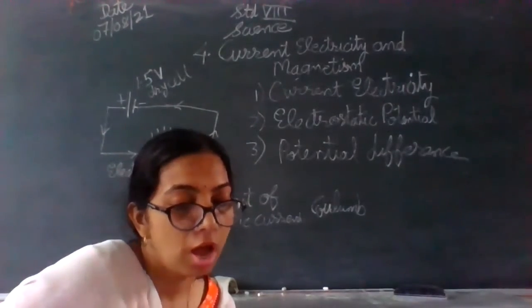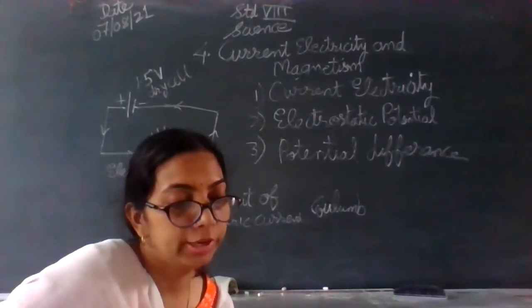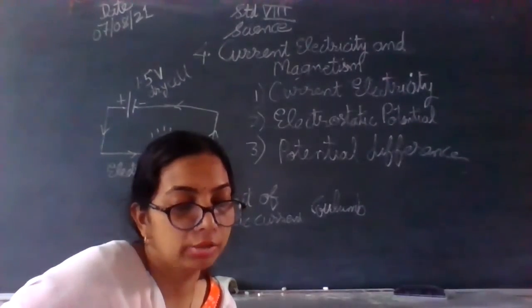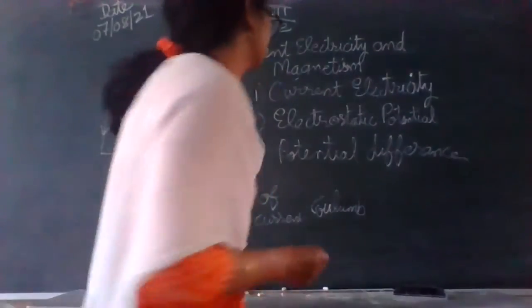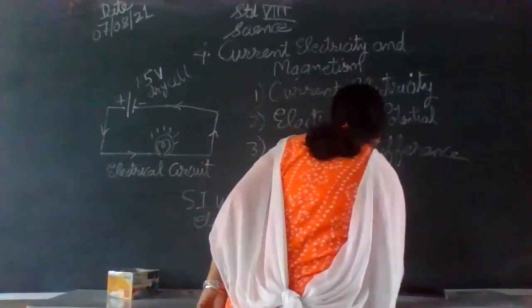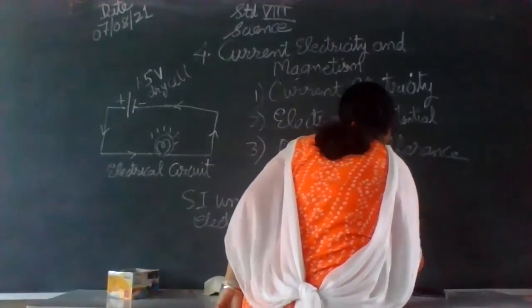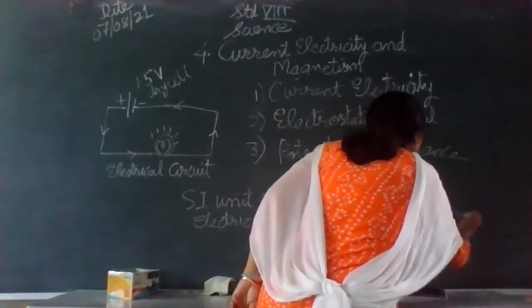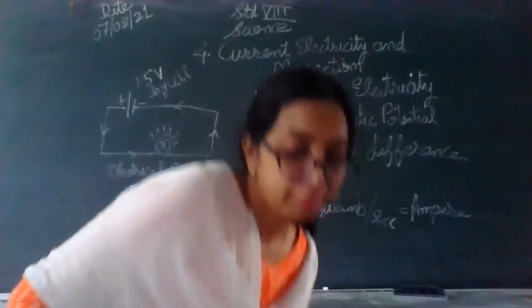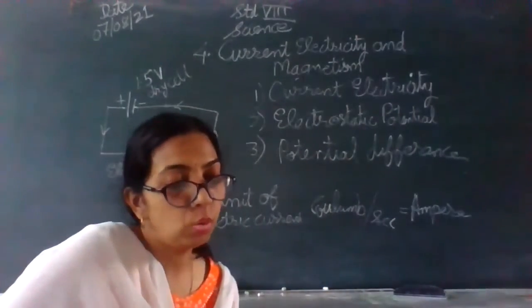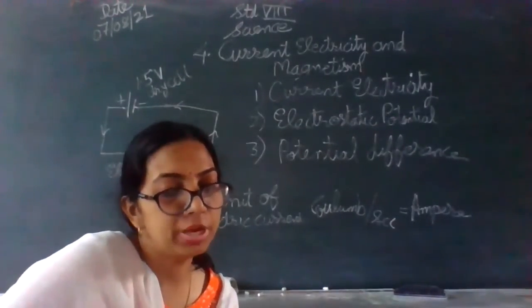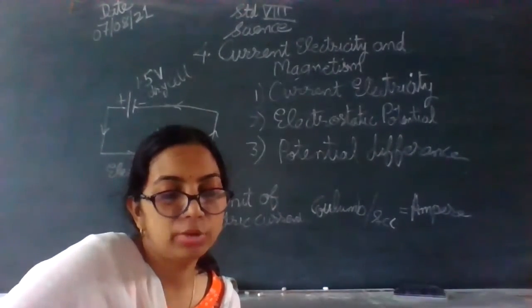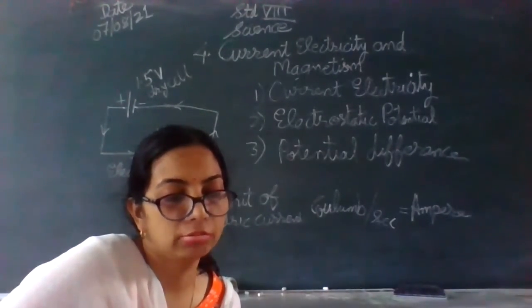Ampere is another unit that can be used instead of coulomb per second. Fine. So 1 ampere is equal to 1 coulomb divided by 1 second.